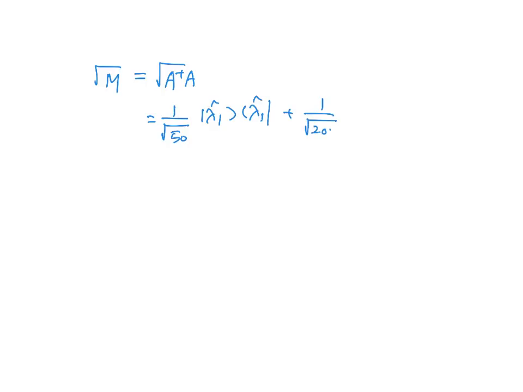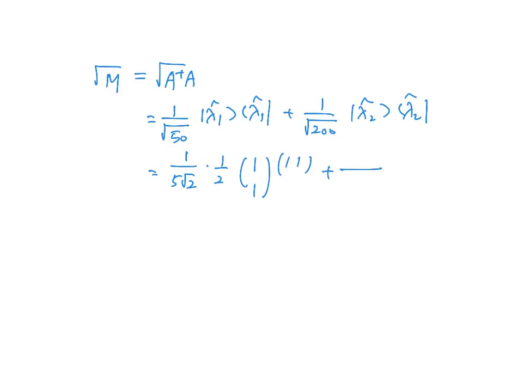Using square root of M is actually A dagger A. 1 over square root of 50, lambda 1 tilde, lambda 1 tilde, plus square root of 200, lambda 2 tilde, lambda 2 tilde. So that is 5 square root of 2. And this gives 1/2, 1, 1, 1, 1, right?